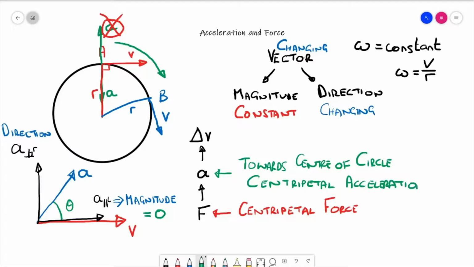By definition then, if the centripetal acceleration acts towards the centre of the circle, then the centripetal force must also act towards the centre of the circle as well. So we have an acceleration acting in, we must therefore have a force acting in towards the centre of the circle.